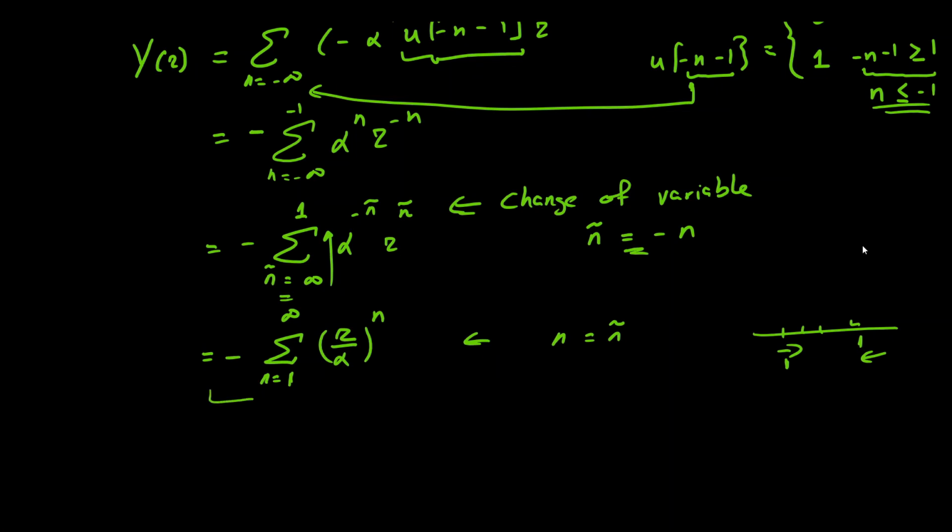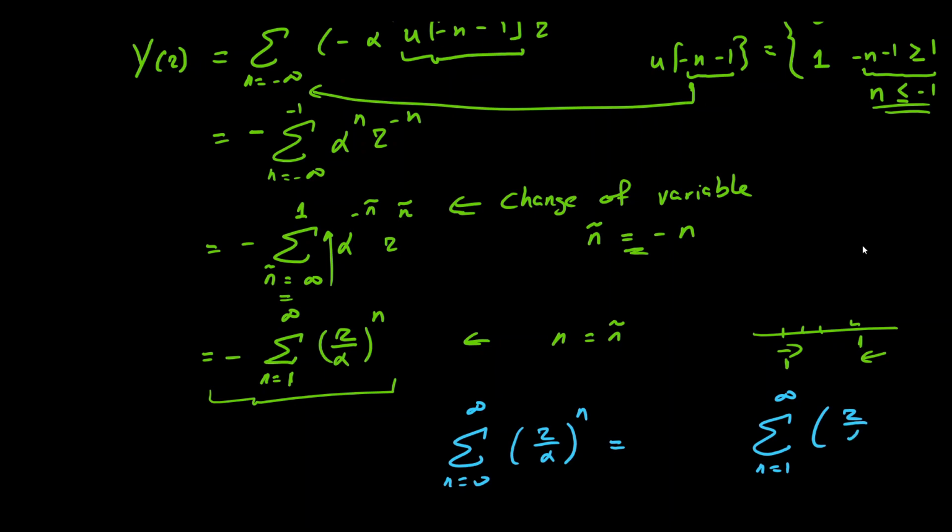So we have this formulation, which is very near to a geometric series, but still it is not there, because our geometric series is usually in the form n equal to 0 to infinity of z by alpha to the power n. But right now we have a summation which is starting at 1 and going to infinity, and we have z by alpha raised to power n. The value of this summation when n is equal to 0 is missing.